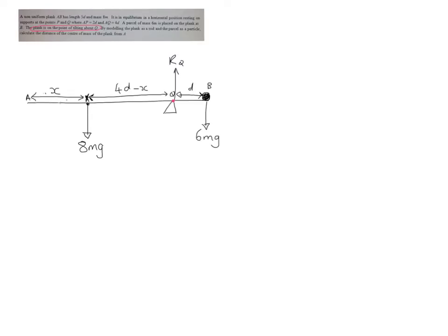Okay, top tip when you're doing moments and you've got a seesaw type situation: because the plank is in equilibrium, all the forces up are going to be of the same magnitude as all the forces down. Now this may or may not be useful, but if you always start with it, then you've got a little equation sitting there, and if you need it you can take it.